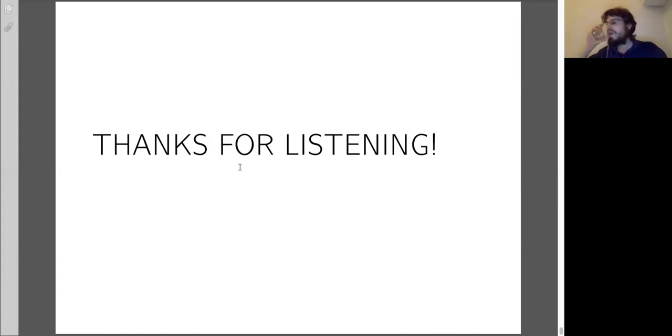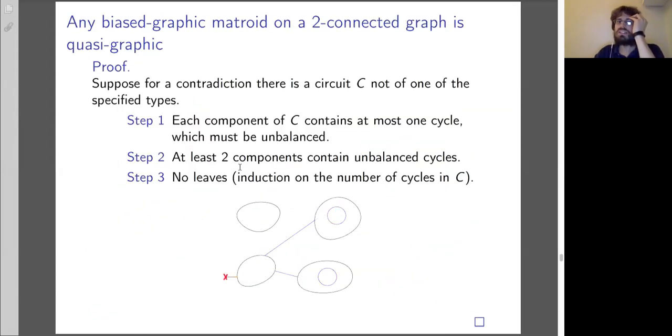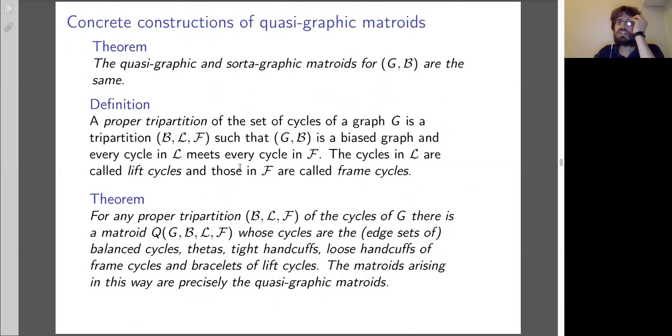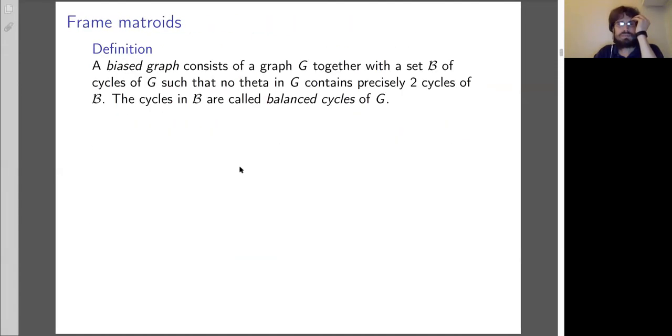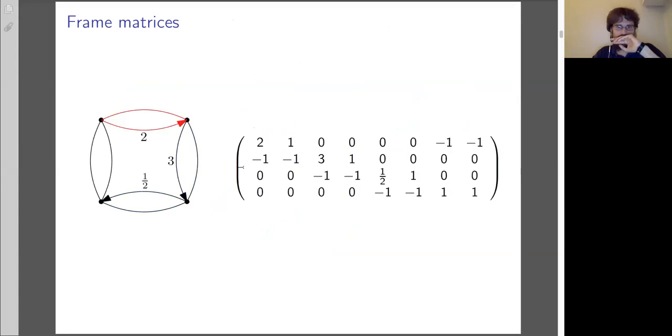Okay, yes, I'm trying to remember the details of this. If I go back to the different kinds of circuits that were allowed in a frame matroid.